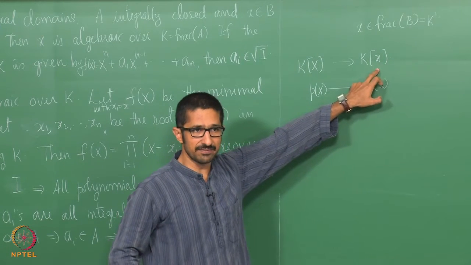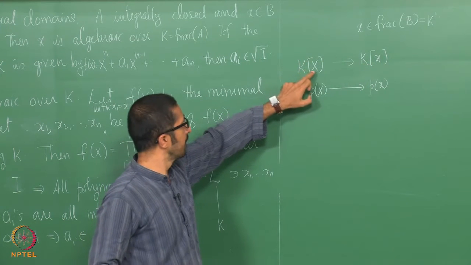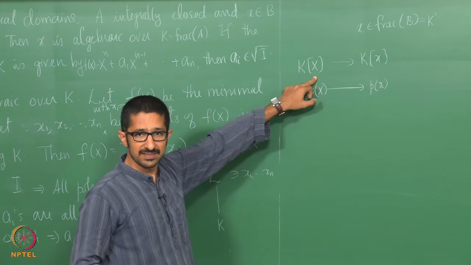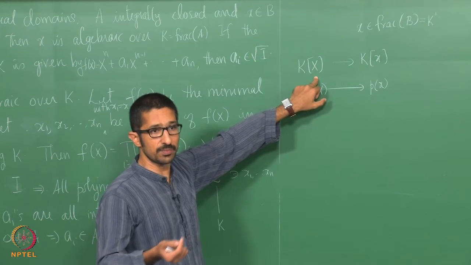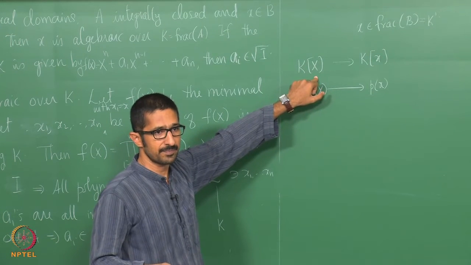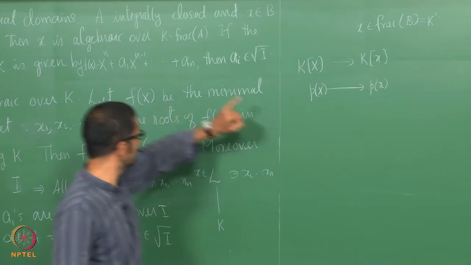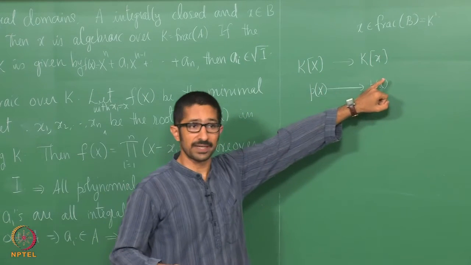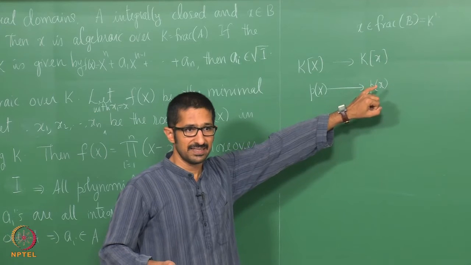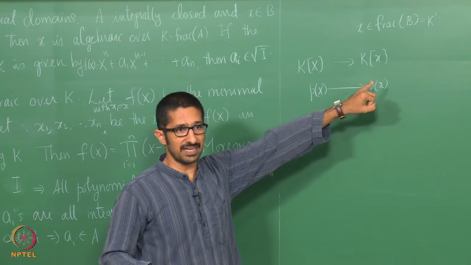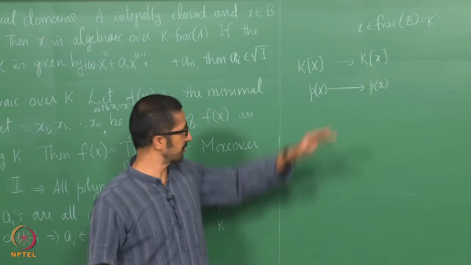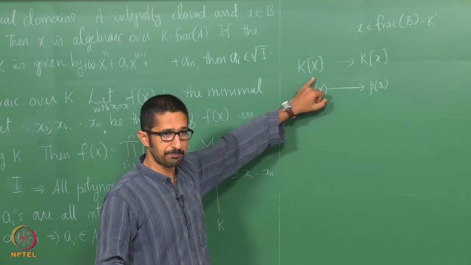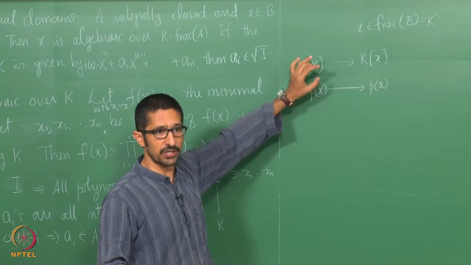this is surjective, therefore the kernel is generated by a non-zero irreducible polynomial. There exists something in the kernel because x is algebraic, right. x is algebraic, therefore there exists some polynomial which goes to 0. So, therefore the kernel is non-zero and it contains a polynomial.